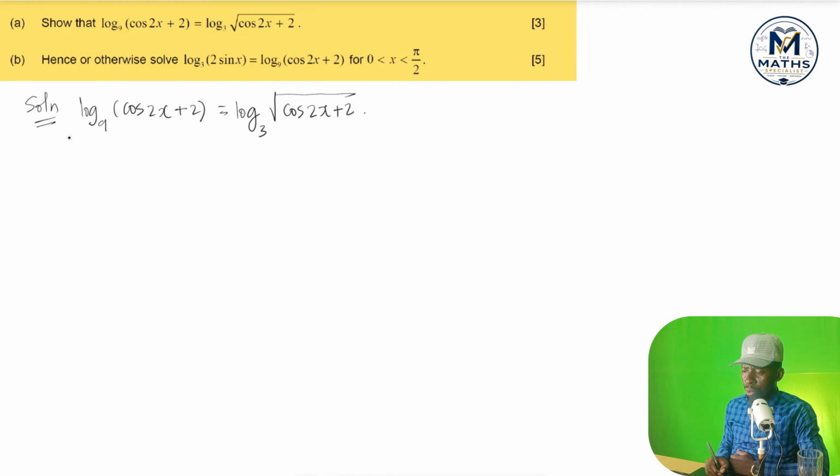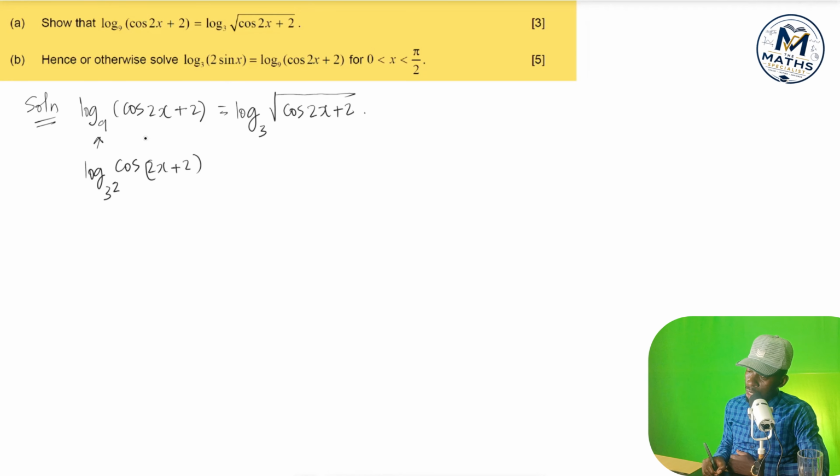We know for sure this base 9 can be written as 3 to the power of 2, so this is equivalent to log base 3 squared of cosine of 2x plus 2.